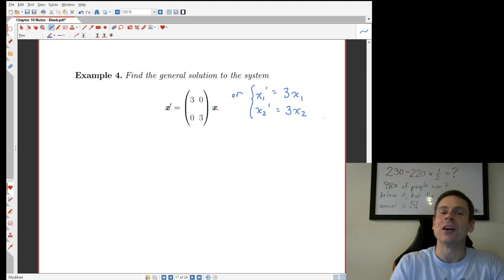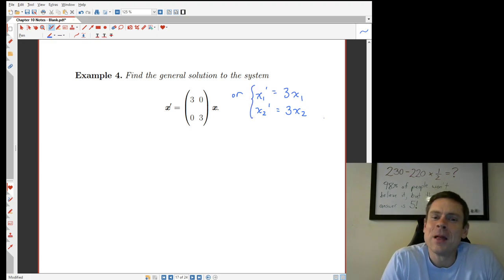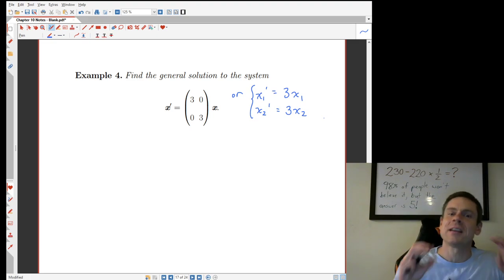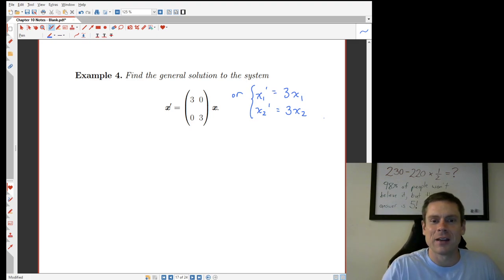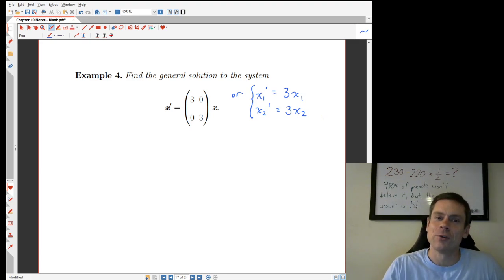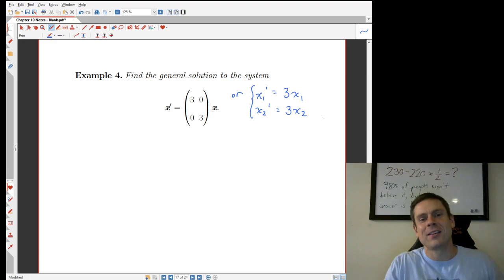And the two together form our system, but take a closer look. You could have solved either one of those equations way earlier than the semester, literally at the end of the first week, beginning of the second week of class, when we were talking about basic linear equations. x1 prime equals 3x1? Come on, you can do that. It looks like it's just an exponential at the end of the day. Same thing with x2 prime equals 3x2. So what does that look like in system form?